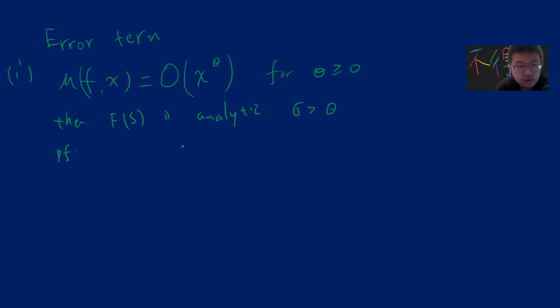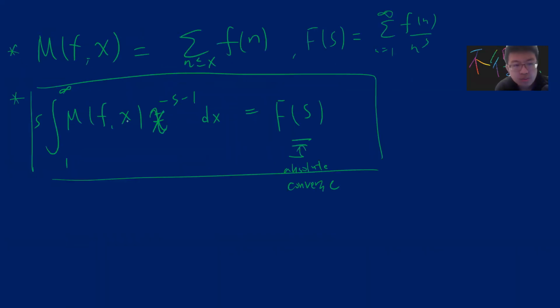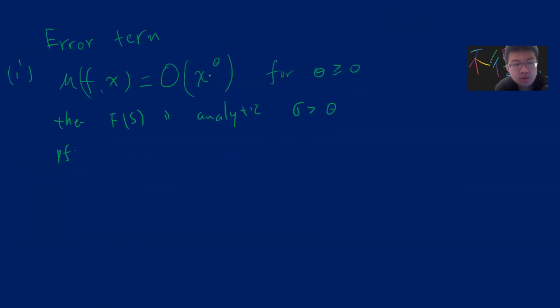The proof is very simple, just using this theorem. You need to check whether this is valid or not, so you can replace it by x^(theta-s-1) dx, so it's s times the integral from 1 to infinity of x^(theta-s-1) dx.